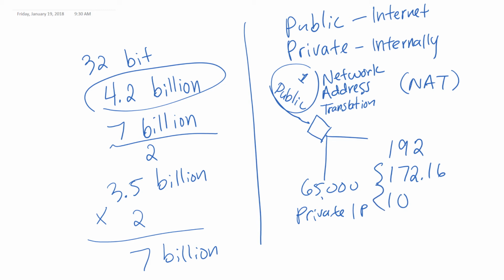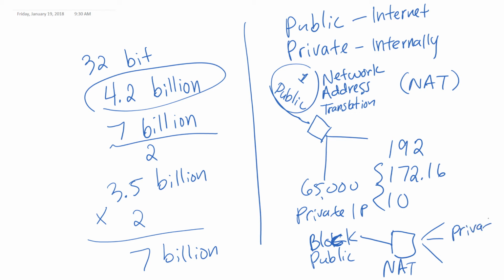I would say most corporations purchase a block of public IPs. You'd think a college teacher would know how to spell. They NAT those IPs and give internal employees private IPs. And remember, private IPs start with one of these 3 numbers.